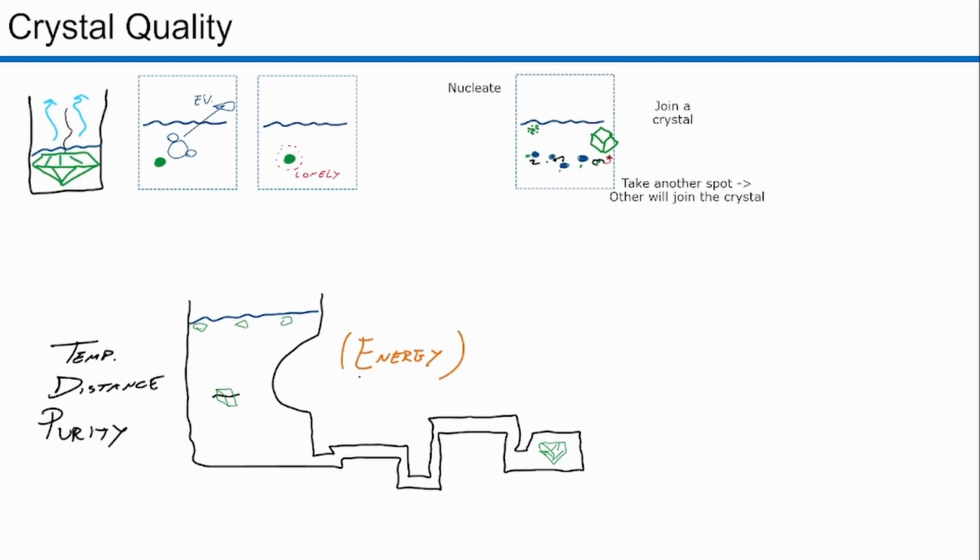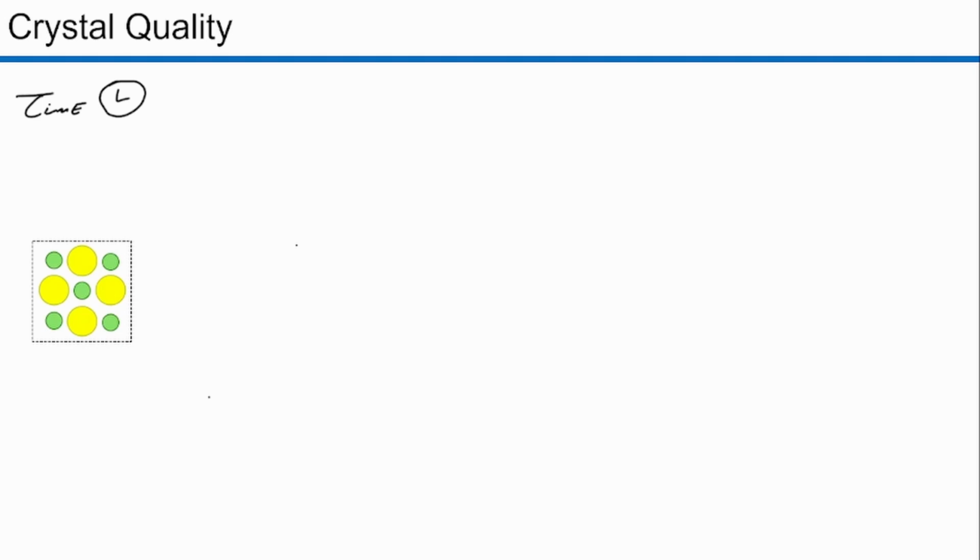Remember, this is always a question of energy, so where the conditions are thermodynamically more probable to induce crystallization is where it will occur. Also, time is a very important variable, as we will see on the next slides. Right, so how does time influence this?